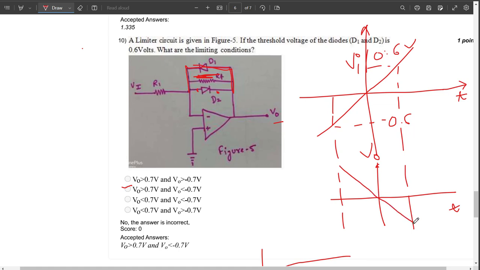And then it is getting limited to 0.6. Here it's 0.6, and here it is minus 0.6. When vi is 0, V naught becomes zero.